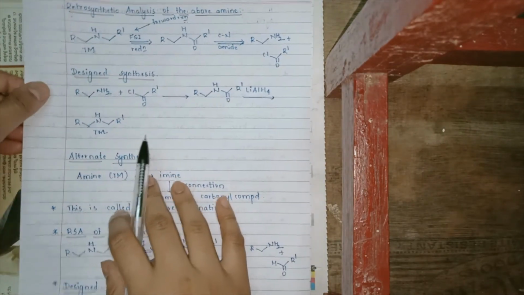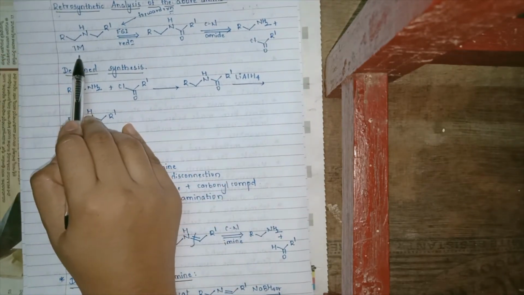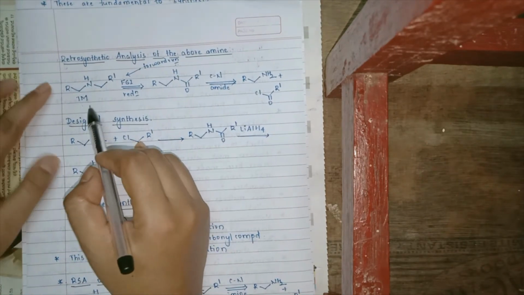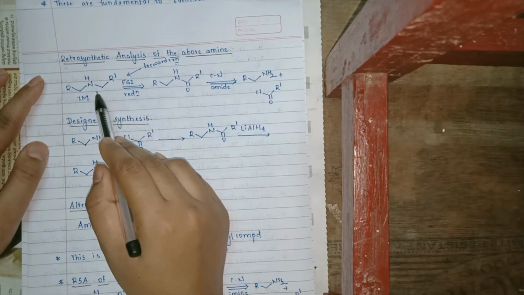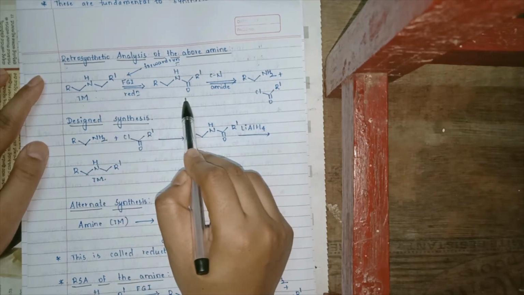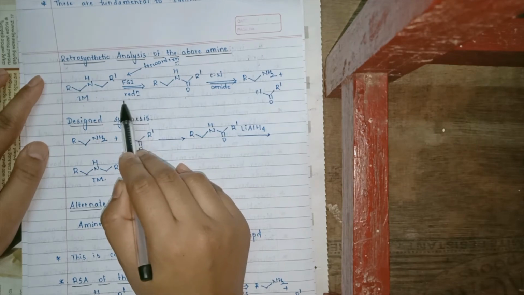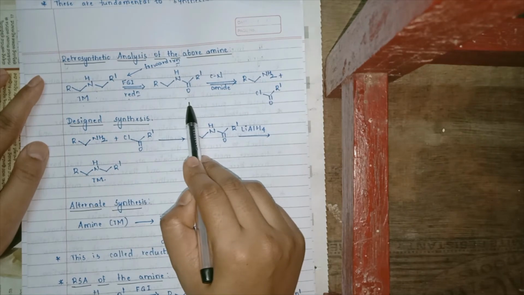So we can see the retrosynthesis analysis of the target molecule, that is my alkylated amine system, can be observed now. What we have done here is a functional group interconversion. That is, an amine is first converted to an amide system. So the functional group interconversion would be, first I will be introducing an amide system.